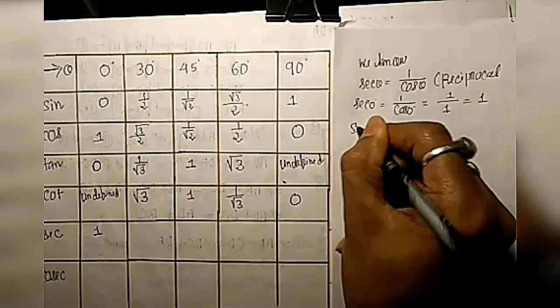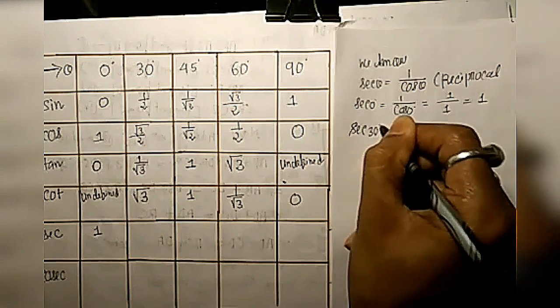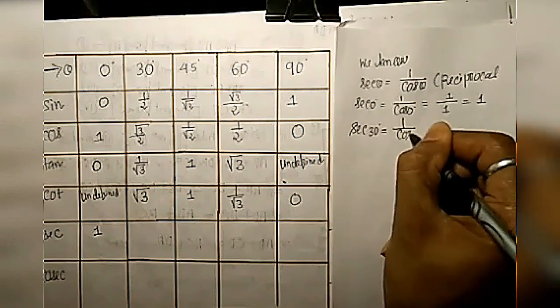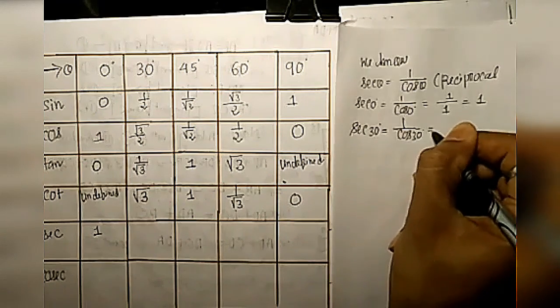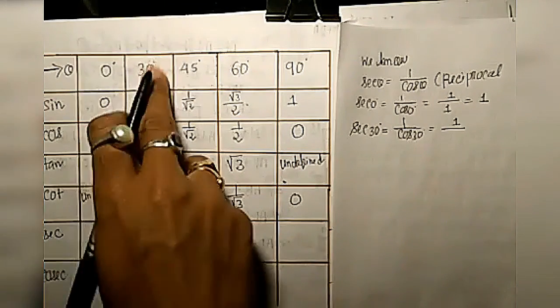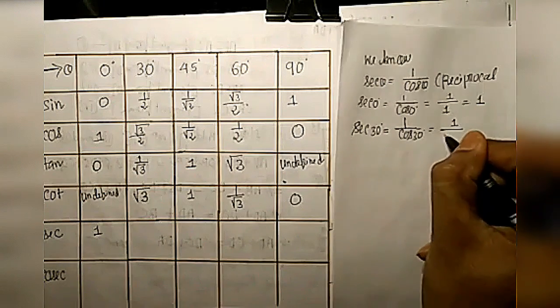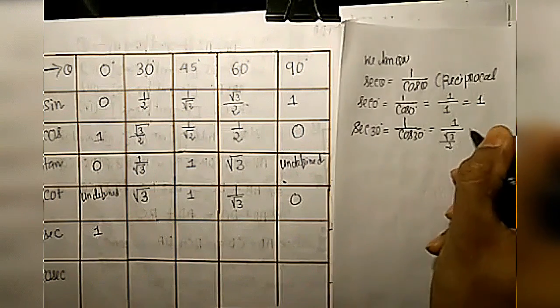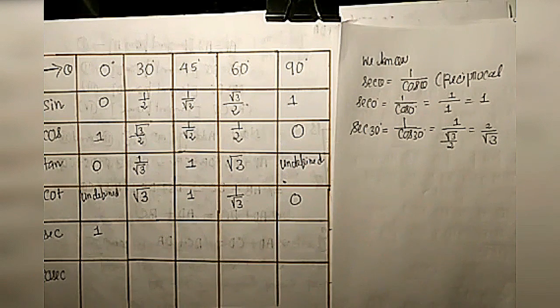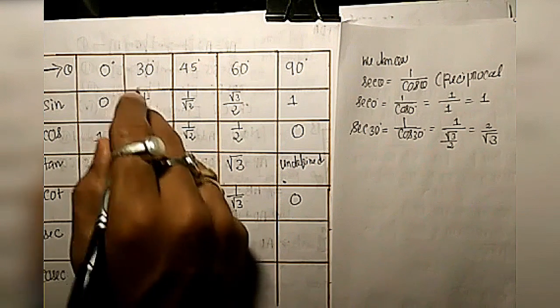Next, sec 30 degree. So sec 30 is 1 by cos 30, and cos 30 is root 3 by 2. So 1 by root 3 by 2 is equal to 2 by root 3. So sec 30 is equal to 2 by root 3.